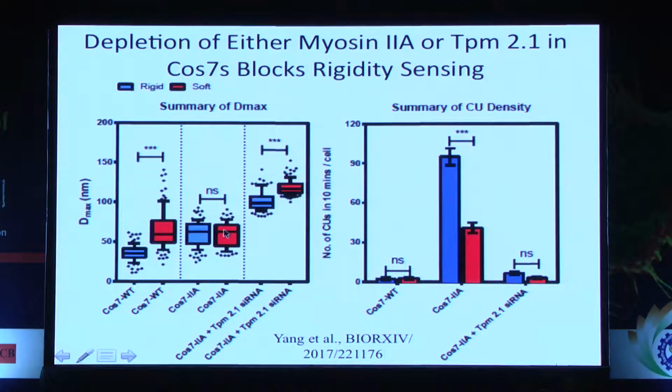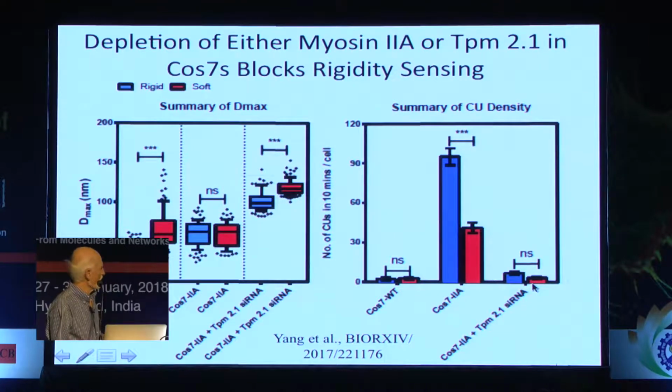And if we now took and depleted tropomyosin 2.1 in those cells after they have been restored to a normal behavior, we found that they pulled much more on both rigid and soft surfaces, and they no longer had rigidity sensing contractions.